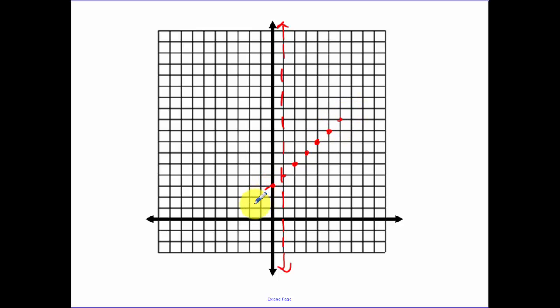That's the equation of that line. Now we have our zeros, negative 5 and positive 3. And then we had all the way up here at 15.